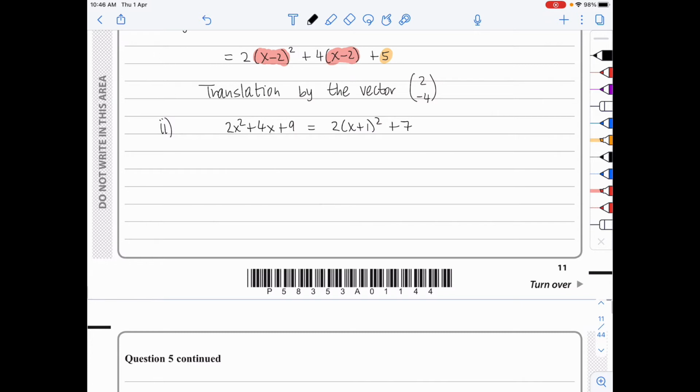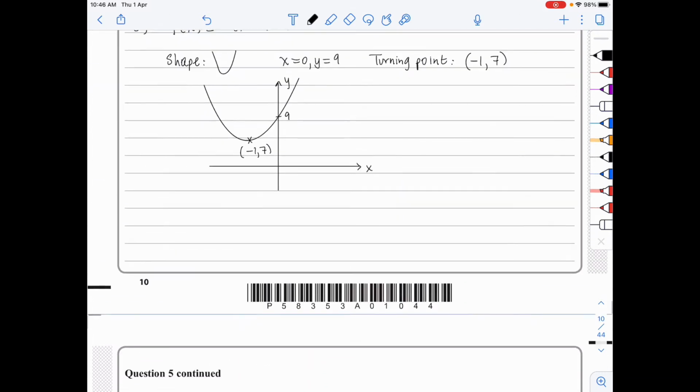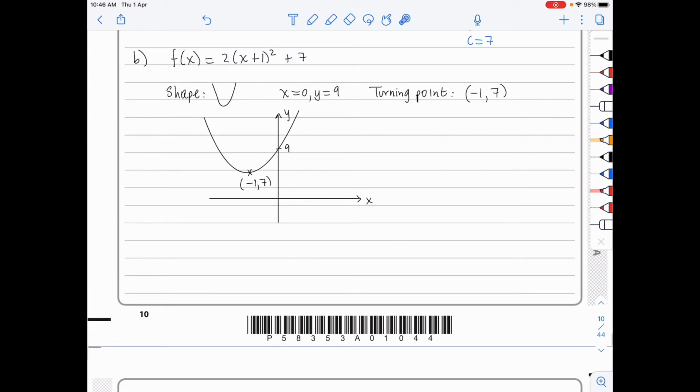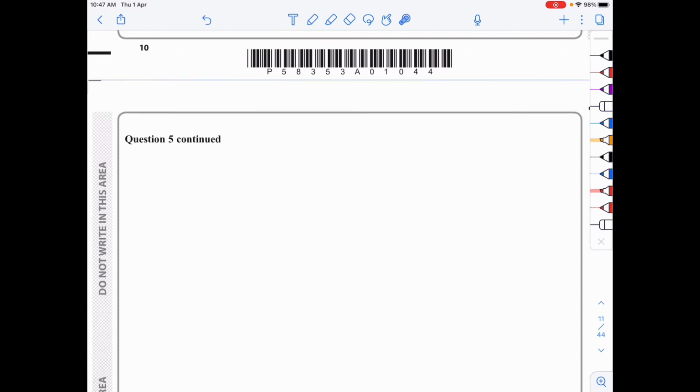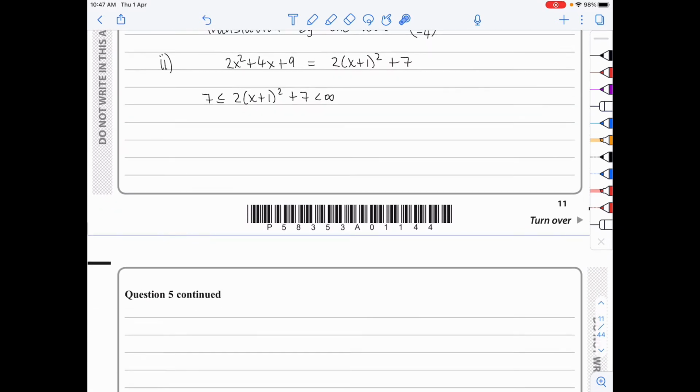So we know that this is attaining values between 7 inclusive and infinity. We can see this from the graph. So if we go back to the graph, we see that the range of values is from 7 onwards. So from 7 up to infinity for all x in the real numbers.